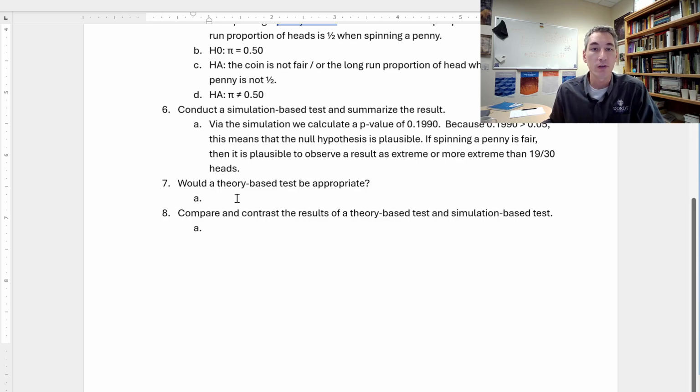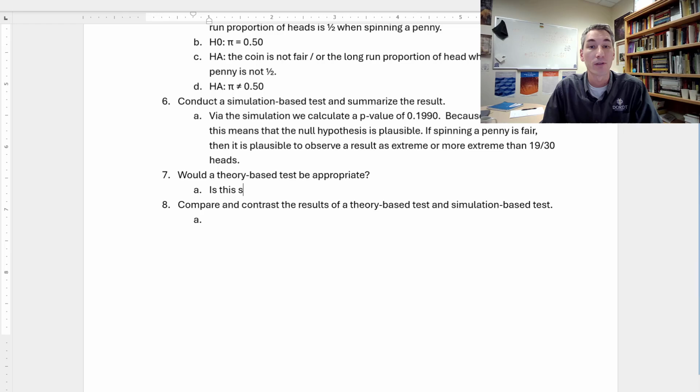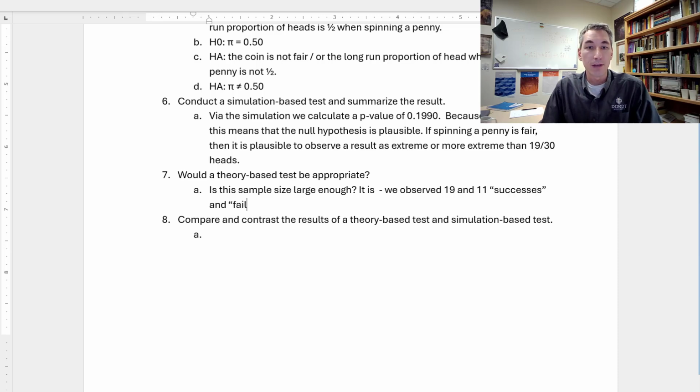All right, the next question says, would a theory-based test be appropriate? So this is a question of sample size. So is the sample size big enough? And it is, because we observed 19 and 11, quote, successes and failures, which are both larger than 10.